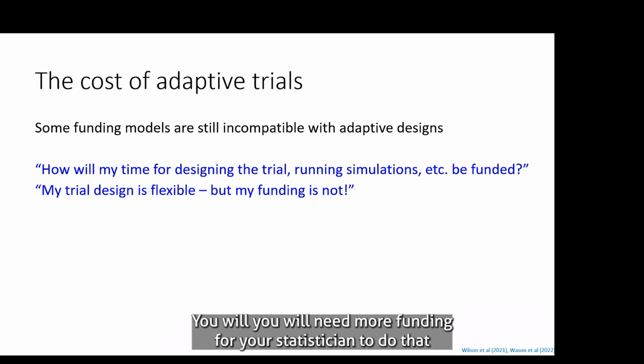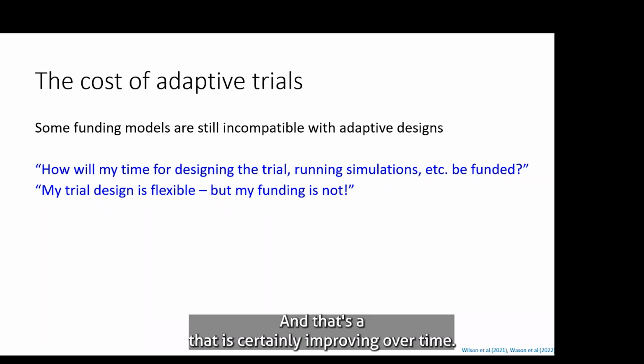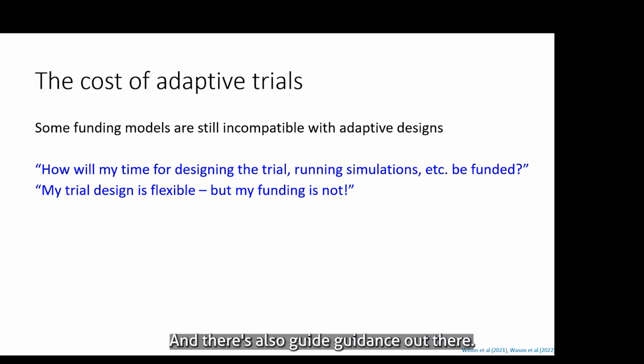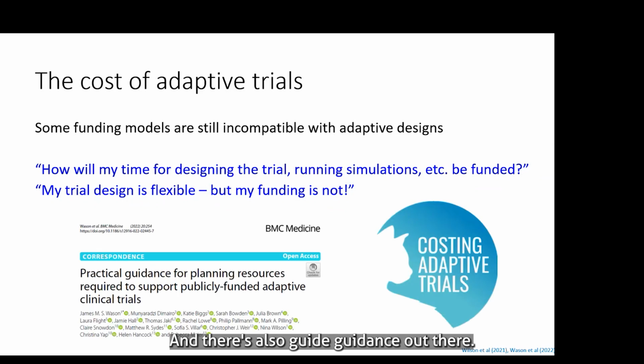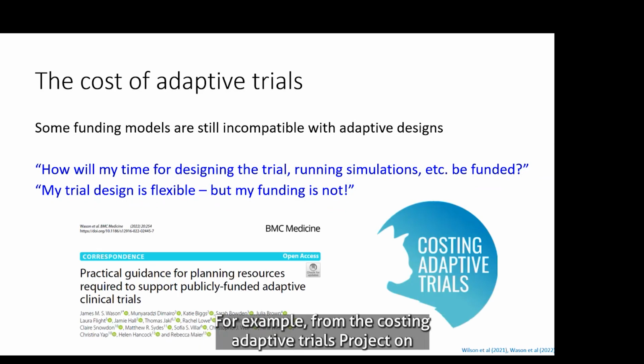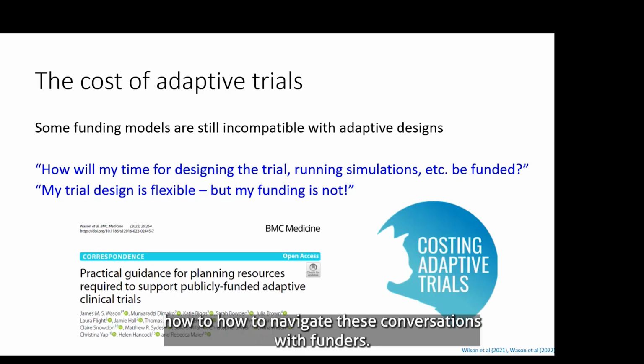You will need more funding for your statistician to do that during the setup phase, and that is certainly improving over time. And there's also guidance out there, for example, from the Costing Adaptive Trials project on how to navigate these conversations with funders.